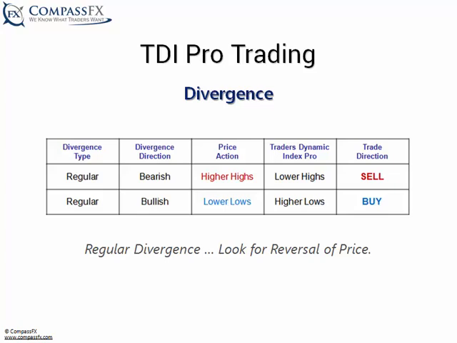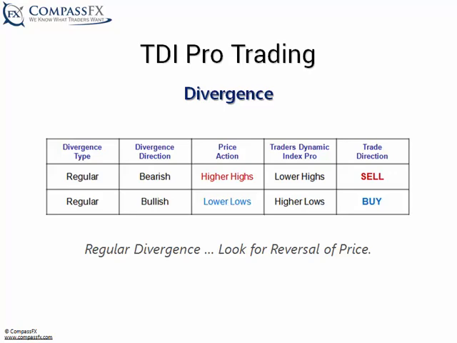For bearish regular divergence, which should be a move short, it's a sell direction, we should see higher highs in price and lower highs in the Traders Dynamic Index Pro. If it is a bullish regular divergence, what we're looking for is a move to the upside, a buy direction, we should see lower lows in price and higher lows in the Traders Dynamic Index.